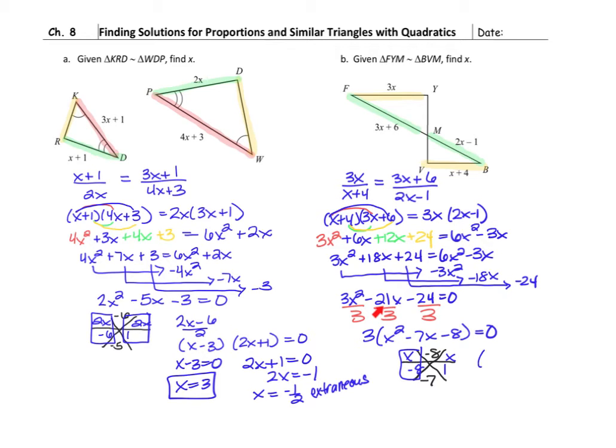So one of my factors is going to be x minus 8. The other factor is going to be x plus 1. And if we set those equal to 0 to solve for x, we get x is equal to 8 and x is equal to negative 1. So remember, I can't have a negative 1 answer, because if you look up here, that would give the length of this side a negative length, and that's not possible. So that's an extraneous solution, and our answer is just going to be 8.